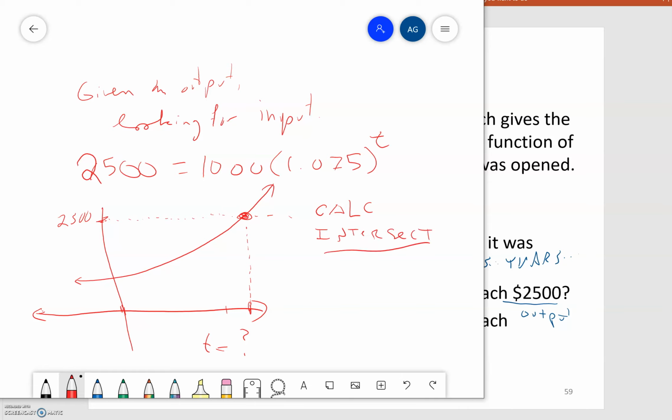Okay, so how do we do calc intersect? First of all, we've got the function entered, so that's good. The next thing is we want to know when it intersects the value 2500. So notice what I'm doing here is entering 2500 as y2.